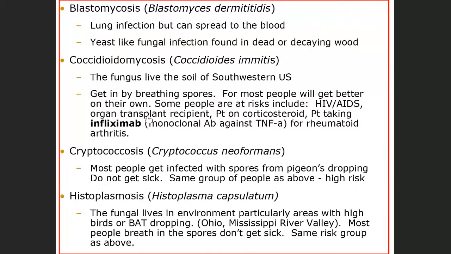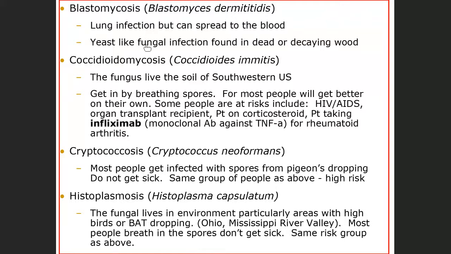For most of us, it's okay, but if you are within this group category, HIV, AIDS, organ transplant patient, or on corticosteroids, or, again, remember I talked to you about infliximab, a monoclonal antibody against TNF alpha, used for treatment of rheumatoid arthritis, but now used for psoriasis as well, which is usually a dry lesion that affects the skin around the elbow joints. Psoriasis is, in fact, an autoimmune disease.